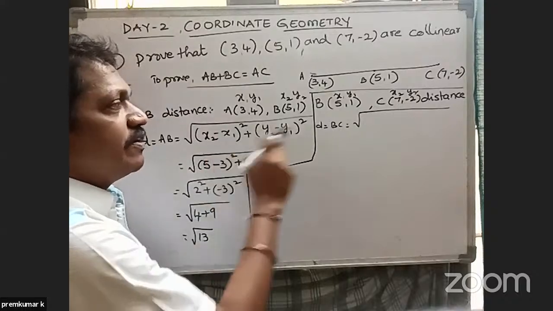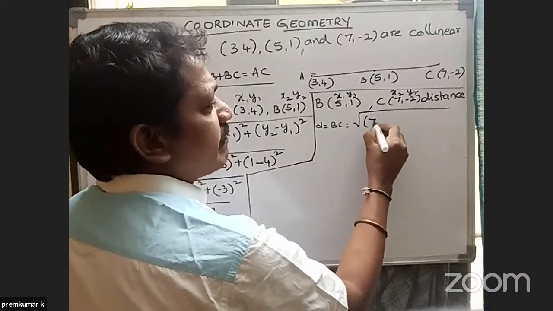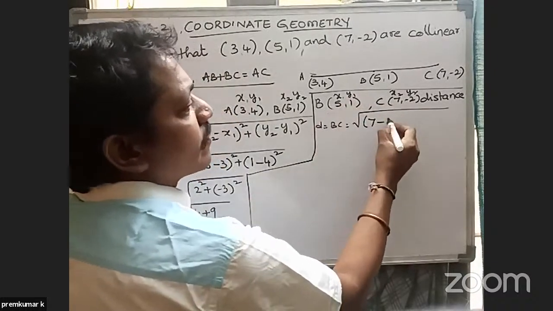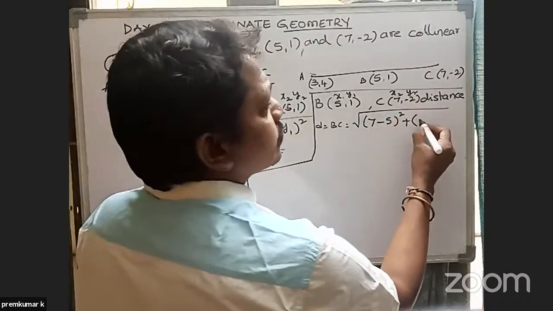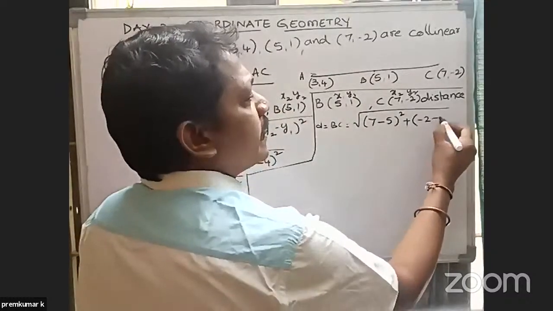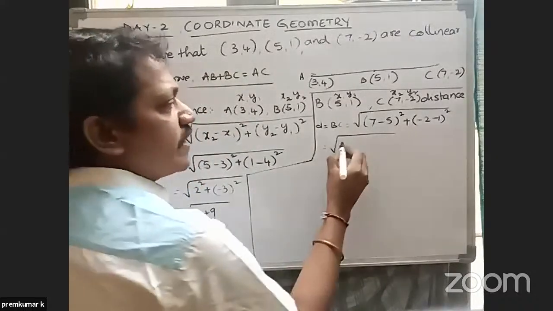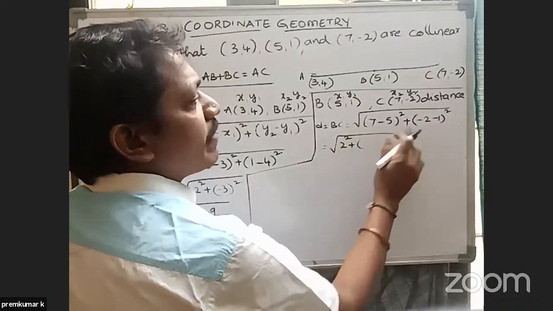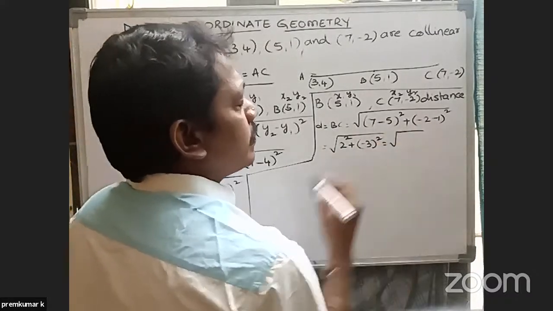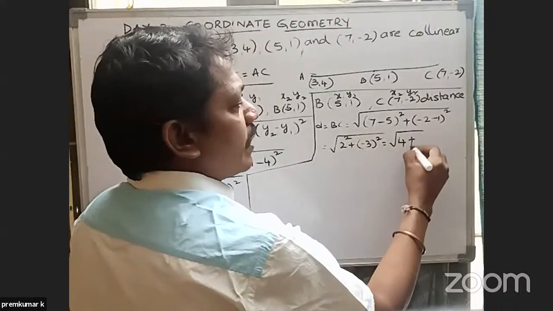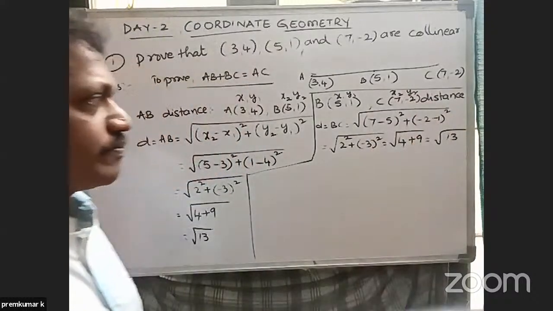Now I am directly substituting the values. x2, that is 7 minus x1 5 square, y2 minus 2 minus 1 square. 7 minus 5 square is 2 square, minus 2 minus 1 is minus 3 square. 2 square is 4 and minus 3 square is 9, that is root 13.